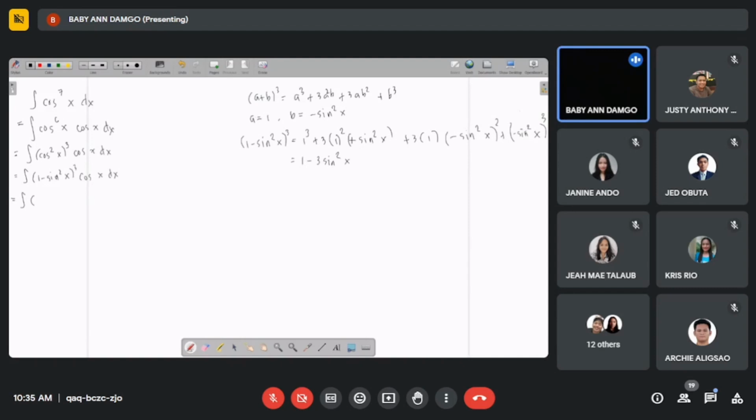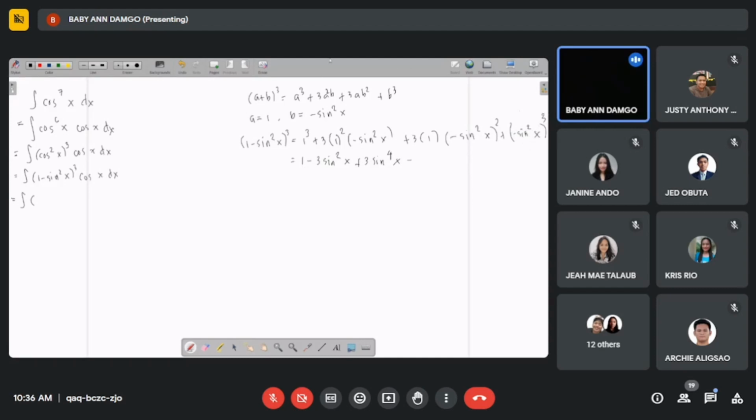Here, negative times negative is positive because of the square. So we have plus 3 sine to the fourth x because sine squared x times sine squared x is sine to the fourth x. And here we have a negative because the power is odd, so negative times negative times negative is negative.